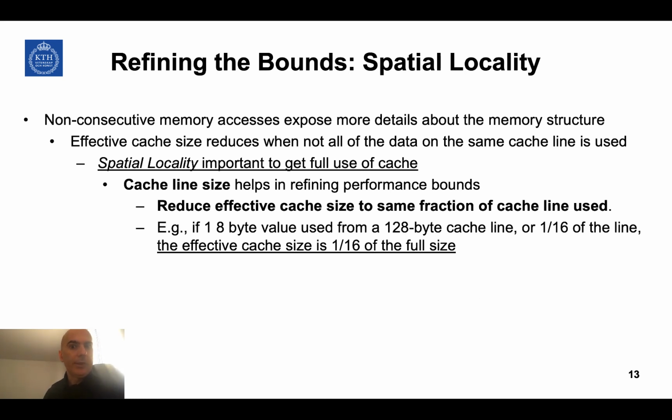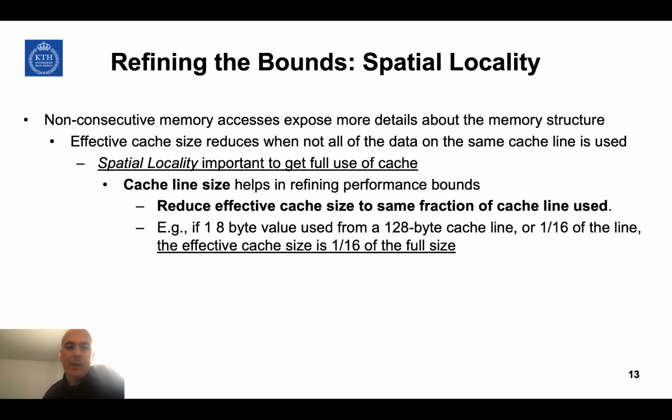Let's look in more detail at spatial locality. So non-consecutive memory accesses, for instance, when we have an array that is accessed with a stride. These non-consecutive memory accesses expose more details about the memory structure, how the memory in hardware is actually implemented.